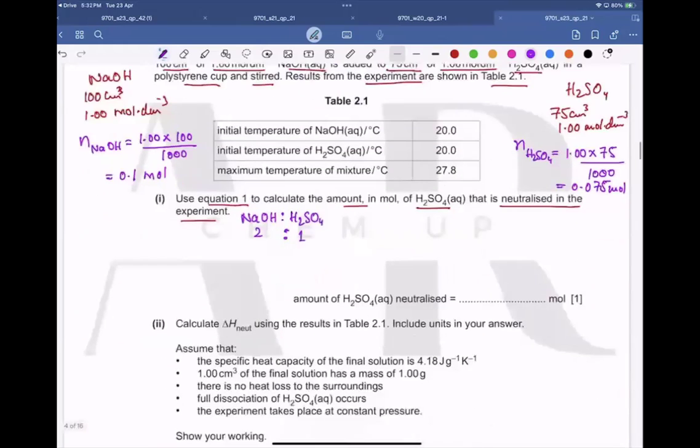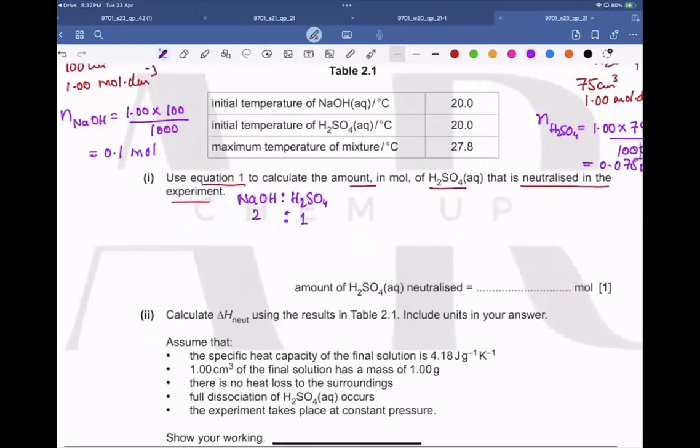So the moles of sodium hydroxide used is 0.1, and for that 0.1 moles of sodium hydroxide, we use X moles of sulfuric acid. X is going to be 0.1 times 1 divided by 2, and you are going to get 0.05. So the number of moles of sulfuric acid that are neutralized is 0.05.